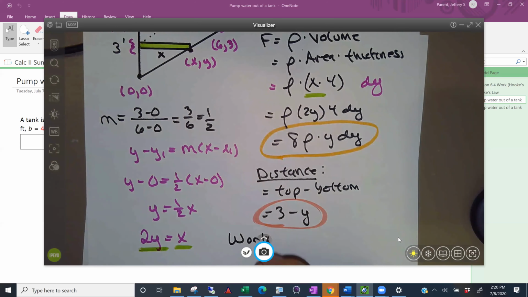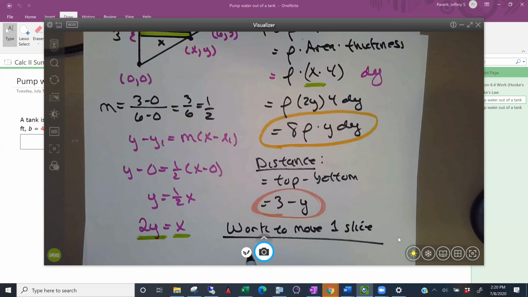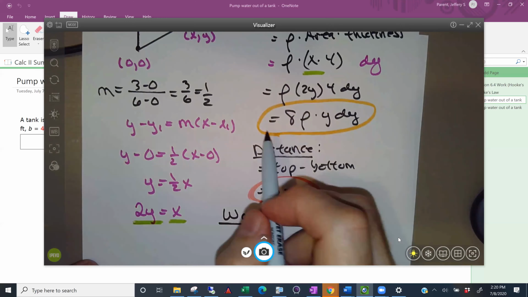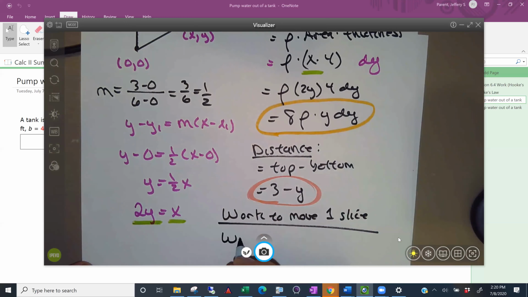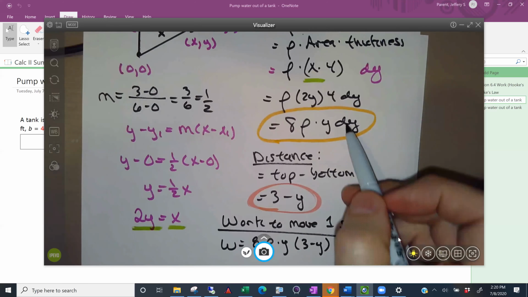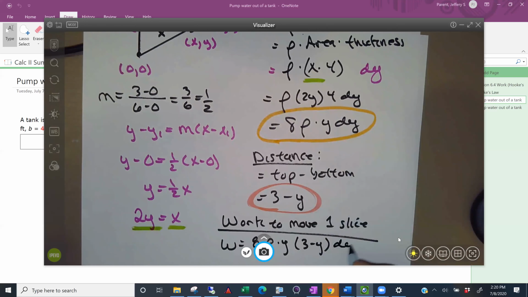Work to move one slice. So work is going to be force times distance. So it's going to be 8 times rho times y times 3 minus y. And I'm going to put the dy at the end, just out of convenience.